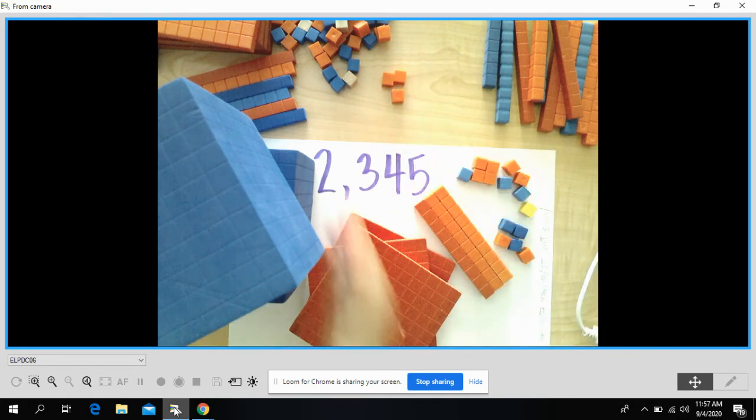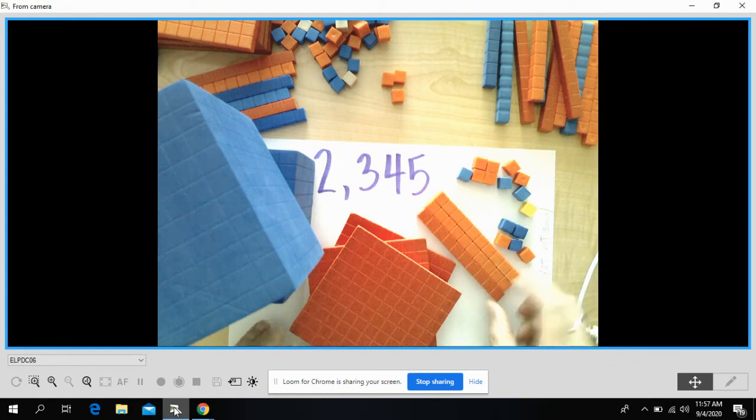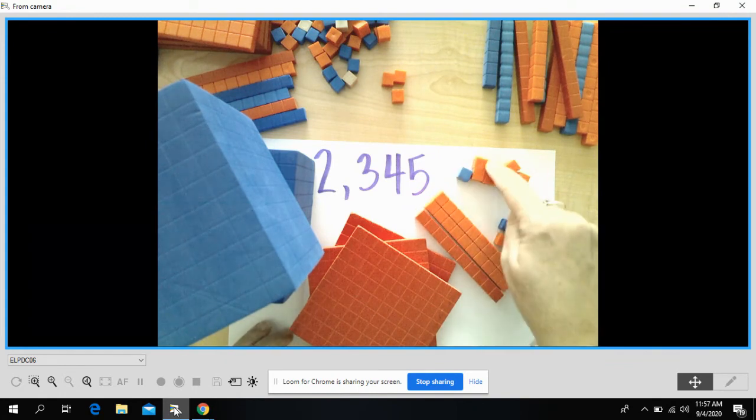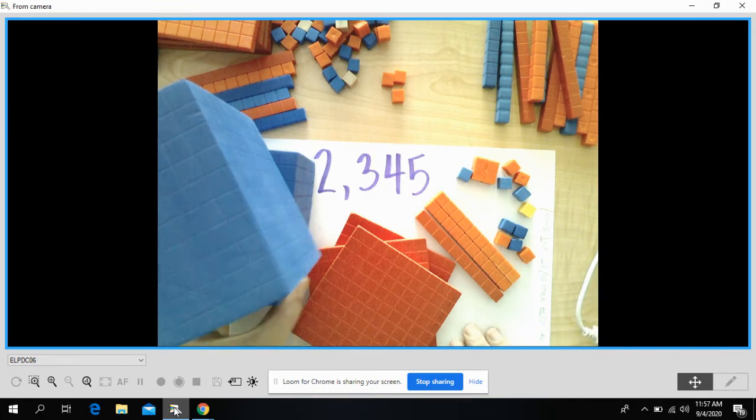So now I have 2,000s, 300s, 3 tens, and 1, 2, 3, 4, 5, 6, 7, 8, 9, 10, 11, 12, 13, 14, 15 ones. That still represents 2,345, just in a different way.